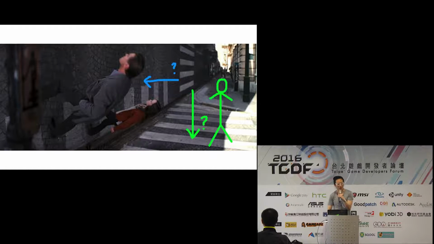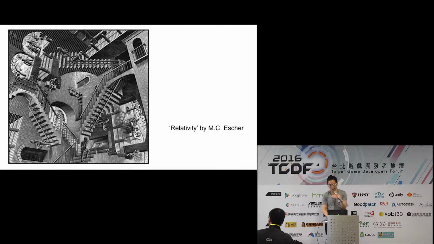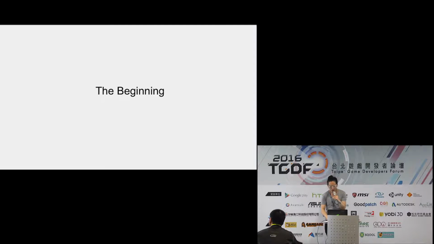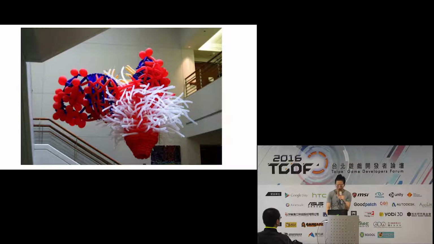And what if I'm standing on the old surface and I grab his wallet? Which way does it fall? This is based on this print by M.C. Escher called Relativity.